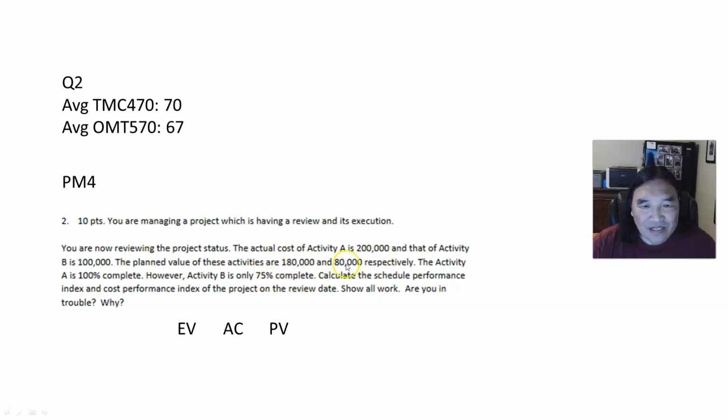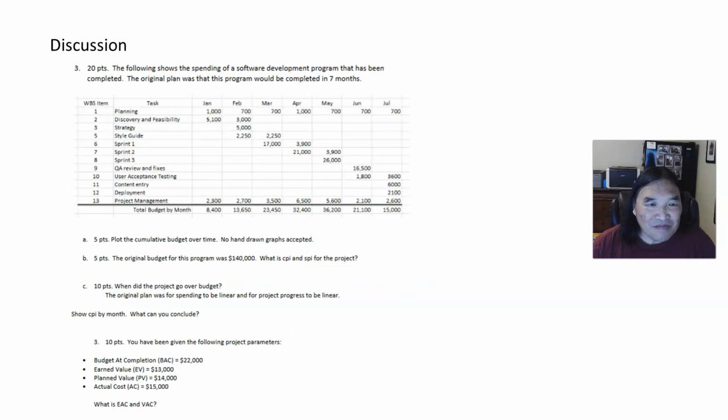And 75% of $80,000 is $60,000. From that, you can plug into the SPI and CPI equations. That's it. And then the question becomes, are you in trouble? Well, we know from a cost point of view, we're definitely in trouble. We'll see what happens from the schedule point of view. Now, this is just a more complicated problem than the one before, but still the same problem.